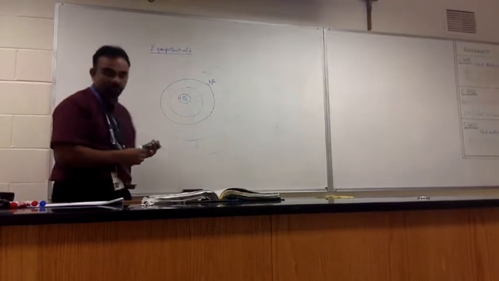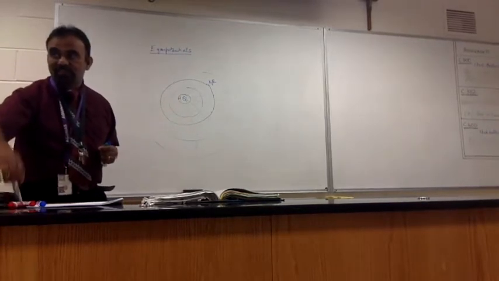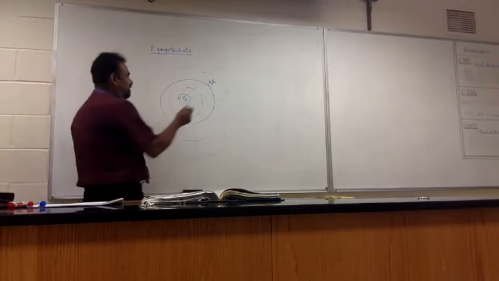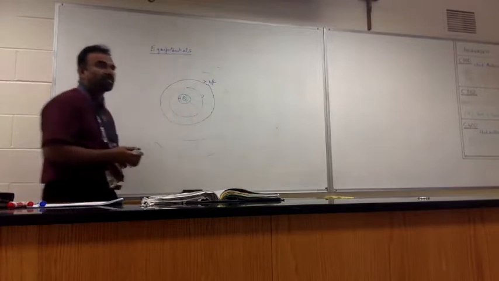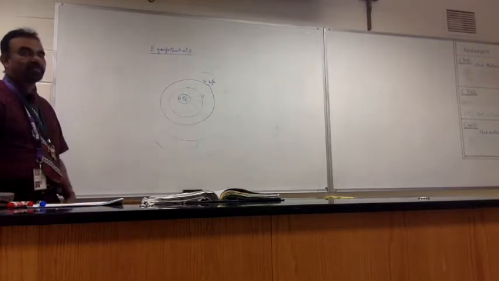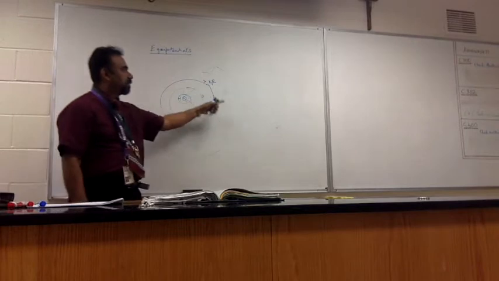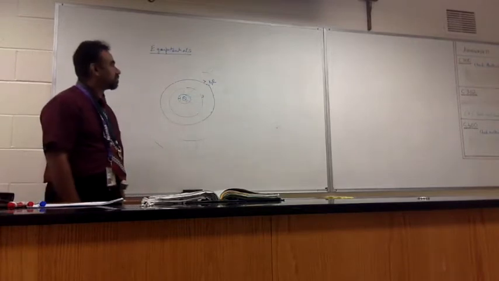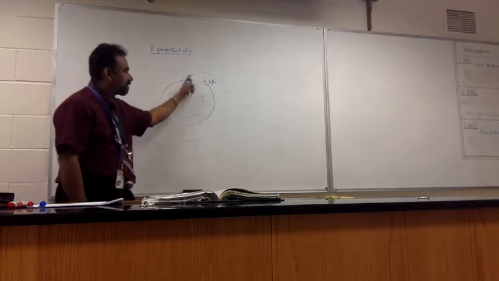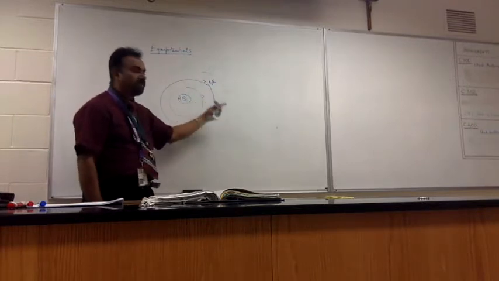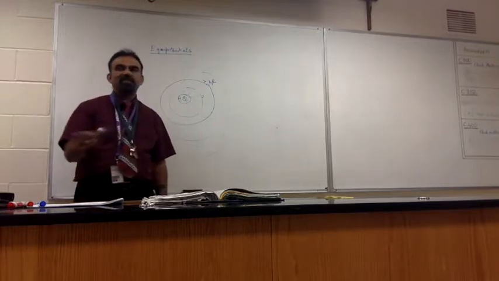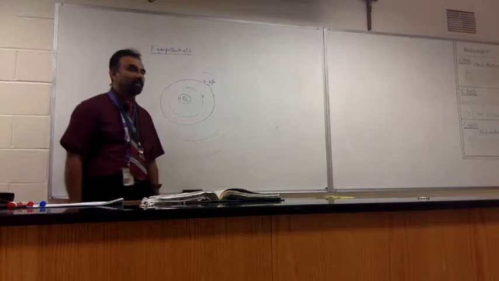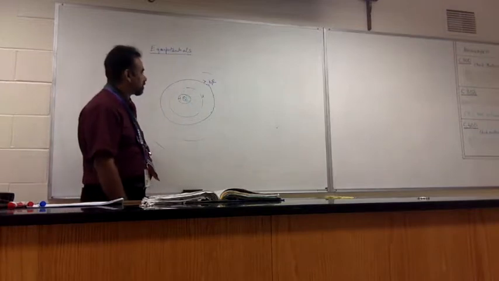The equipotential lines are perpendicular always to the field lines. So if you know how the field lines are going somewhere, you can actually figure out which way the equipotential lines are supposed to be.